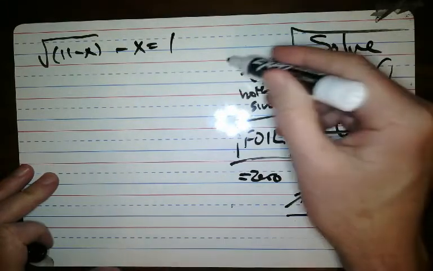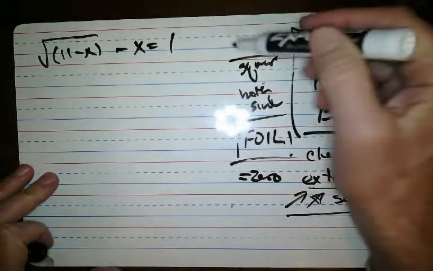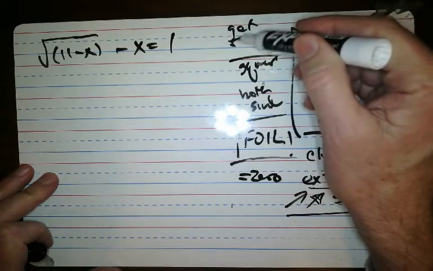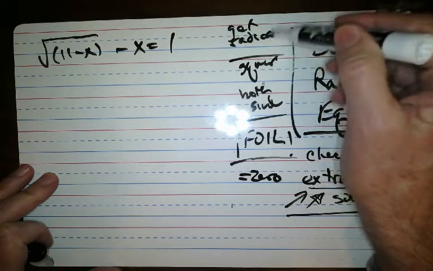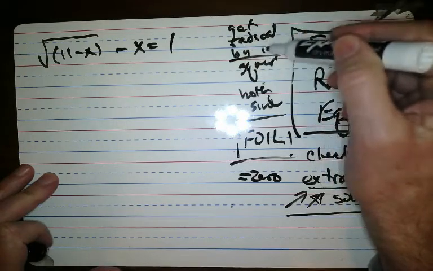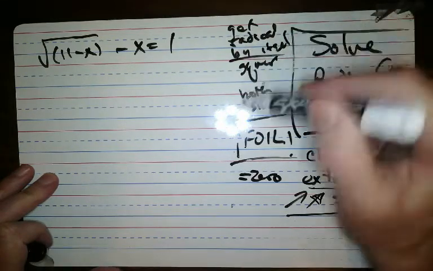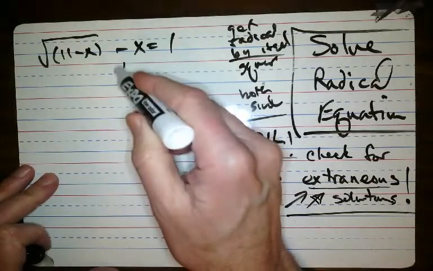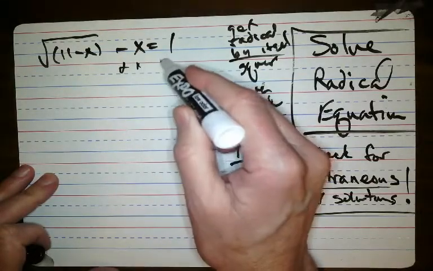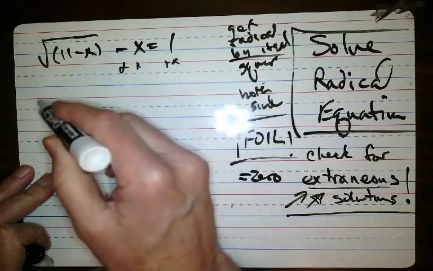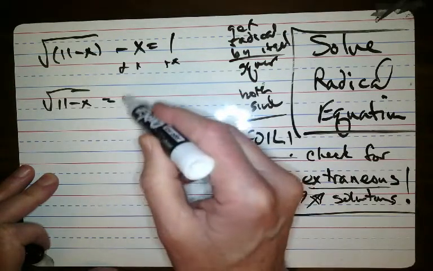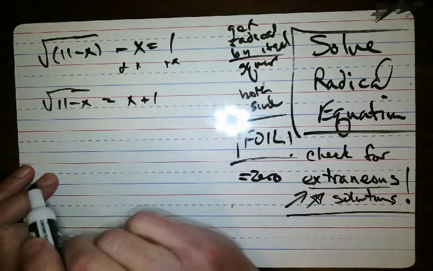Okay, so we can't solve this unless the radical's by itself. So you have to get the radical by itself. So there's the steps, right? If I want this by itself, that means I have to add x. Okay. Then I have the square root of 11 minus x on this side, x plus 1 on that side.